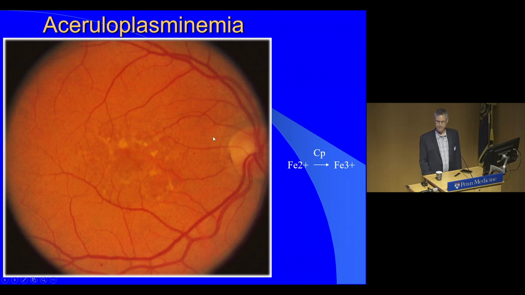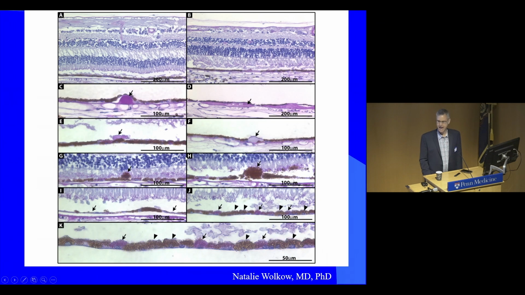And these patients typically have a retinopathy. This patient in his 40s had this maculopathy that resembles AMD. In his 50s, he died, and he donated his eyes, and we see histologically there are drusen, hypertrophic RPE, and RPE atrophy.